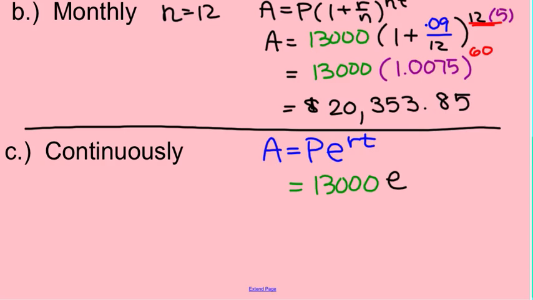Our interest rate is 0.09, and our time is 5 years. So we're going to do our exponent piece first, 0.09 times 5. 0.09 times 5 is 0.45. Leave the E and the 13,000 alone for now.